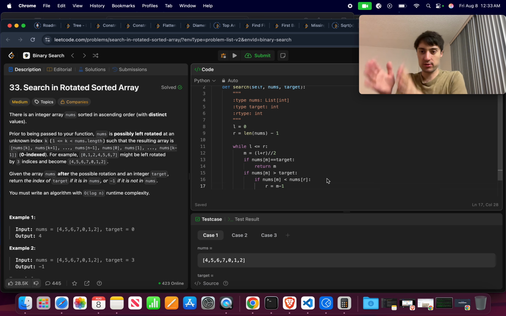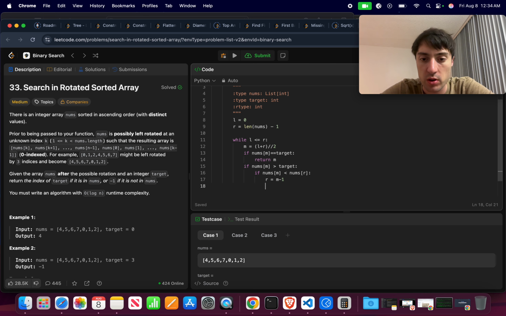But okay, so here's the interval between mid and my ending point. I just want to cut that out, and now my ending point is at mid minus 1, because we already checked that m does not equal the target, so I don't want to check it again. So if that's the case, we do that.